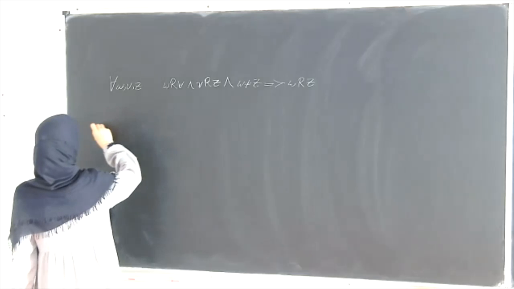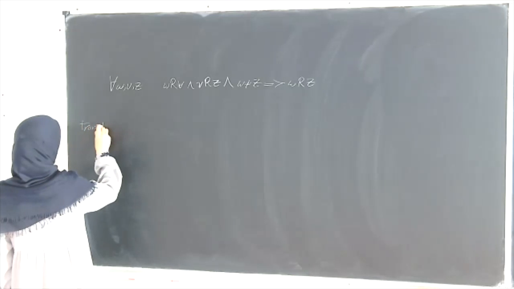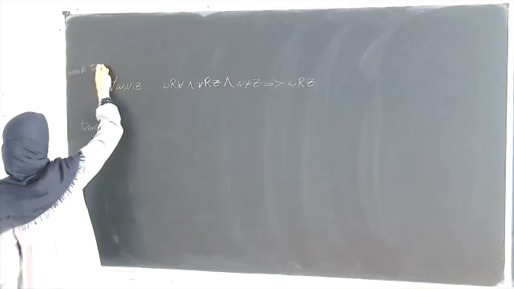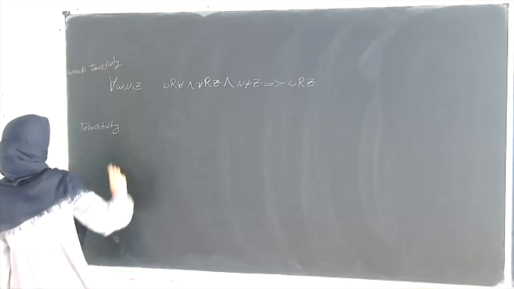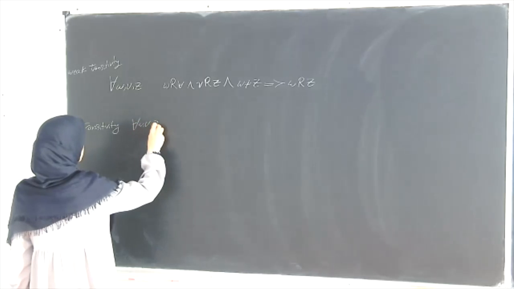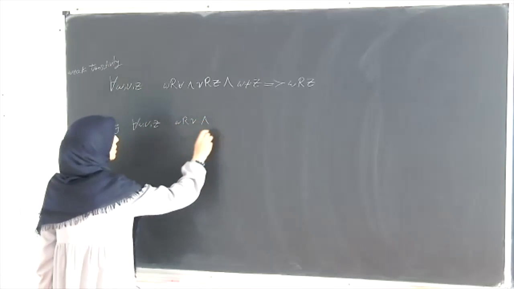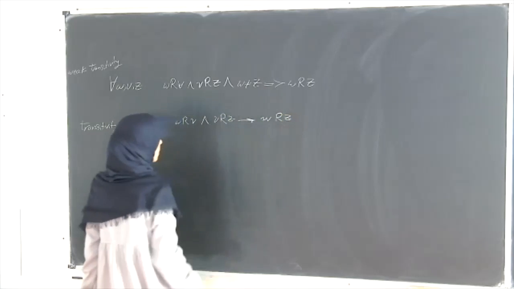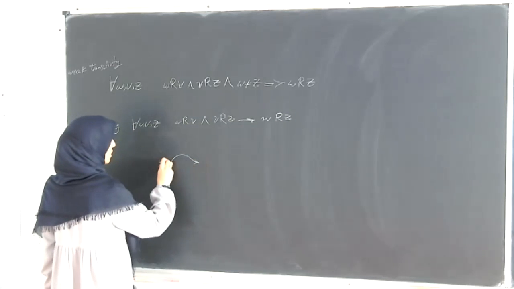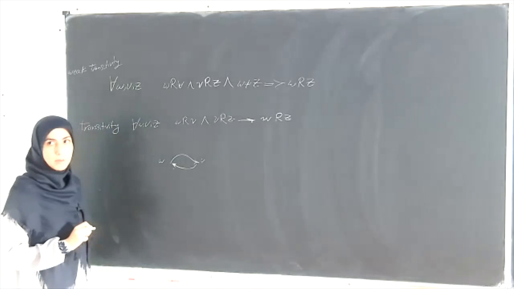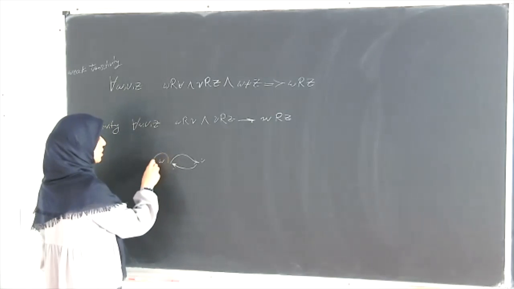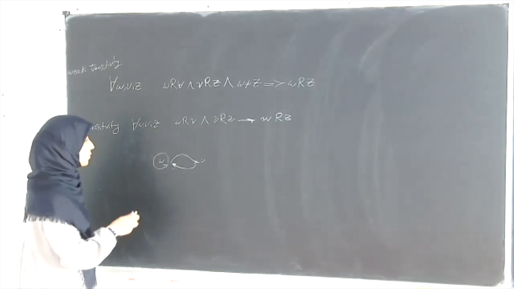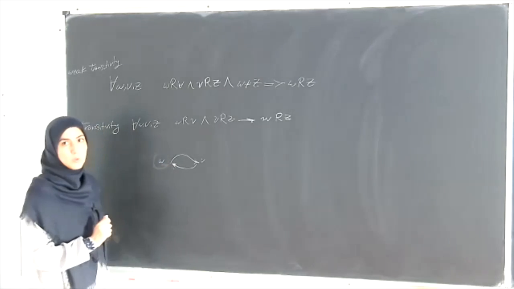For transitivity, we have for all W, V, and Z, W R V and V R Z implies that W R Z. So if we have such a condition in our frame, if our frame is transitive, then we should have some loop over W. But if our frame is weakly transitive, we do not need to have such a loop.